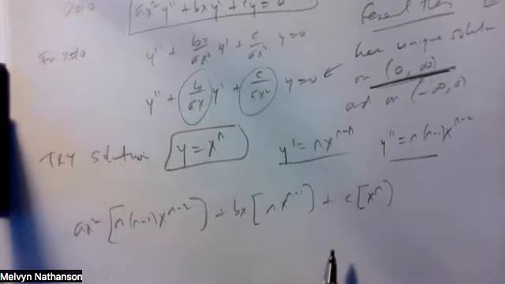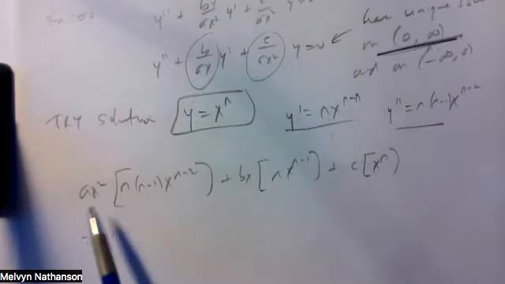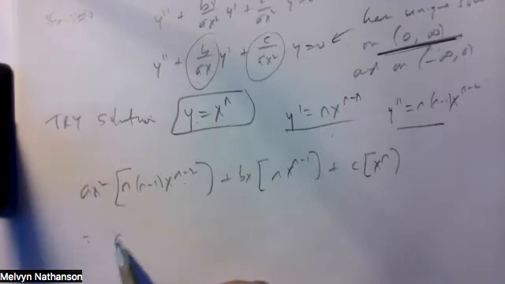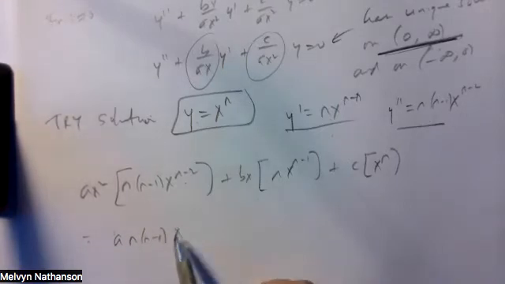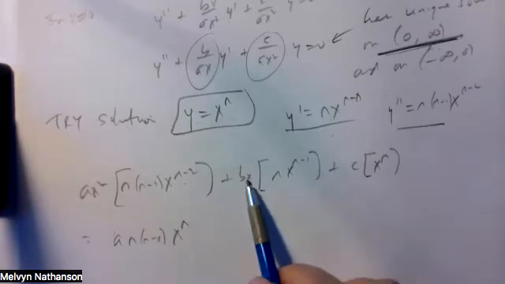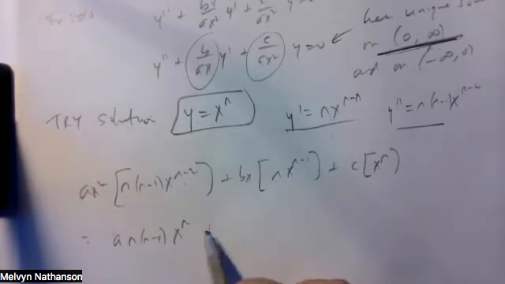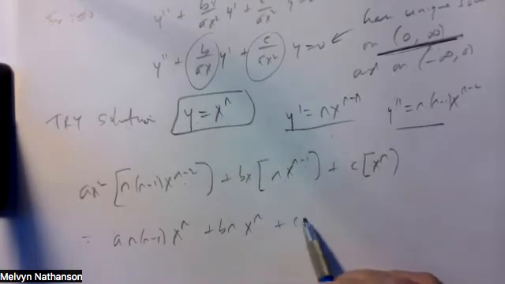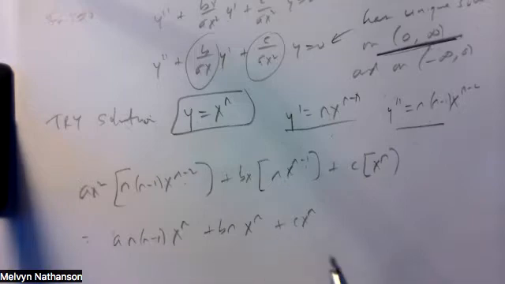And now a miracle happens, because we have x squared times x to the r minus 2. So this is a r times r minus 1, x to the r. Here we have x times x to the r minus 1, that's b r, x to the r. And here we have c x to the r. Now we see every one of these terms is a multiple of x to the r.